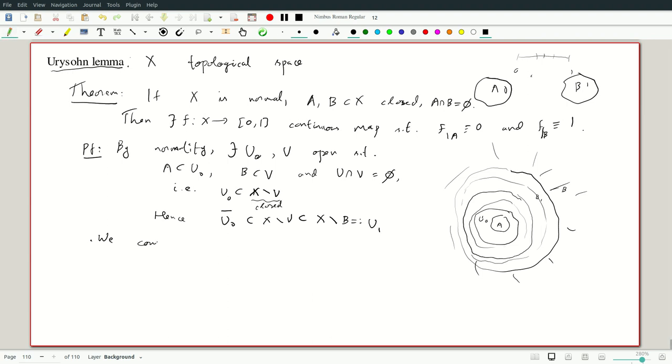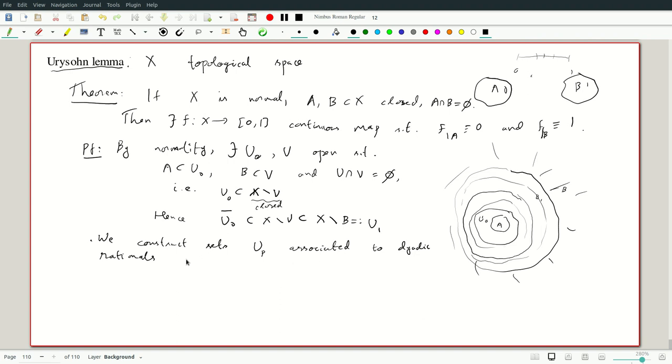So we will construct sets U_p. We construct sets U_p associated to not just 0 and 1, but to dyadic rationals. We could instead do it for all rationals, but that's not needed.